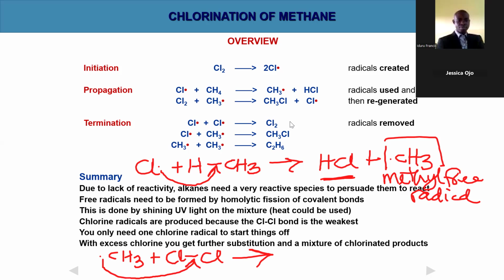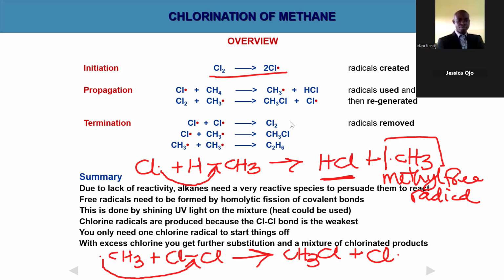And so we'll be having dot CH3 attacking Cl dot. So we have CH3Cl plus Cl dot. So these two steps are major steps in the mechanism. The first step is your initiation, and these two steps are called propagation steps.